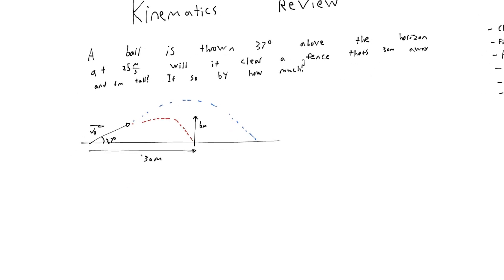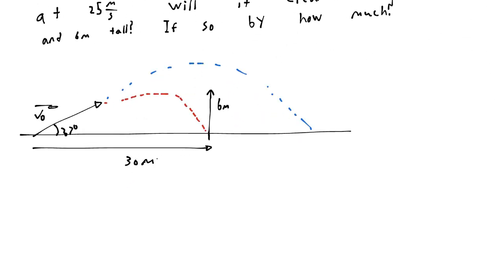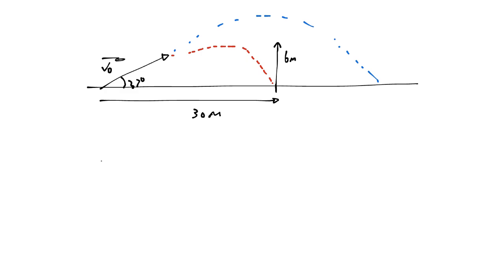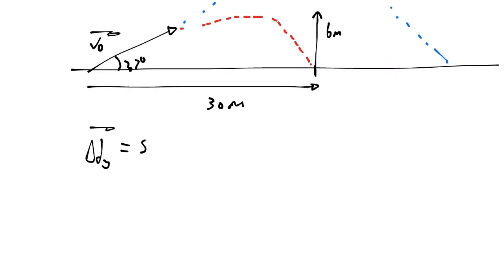So let's find out the height at 30 meters. Let's write the height equation. It'll be delta dy equals sine 37 times v naught, plus, actually this would be minus because gravity's down, right?